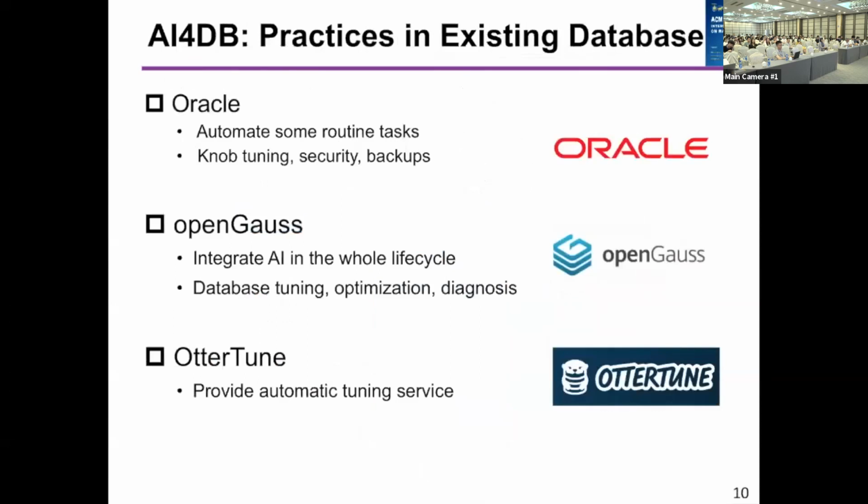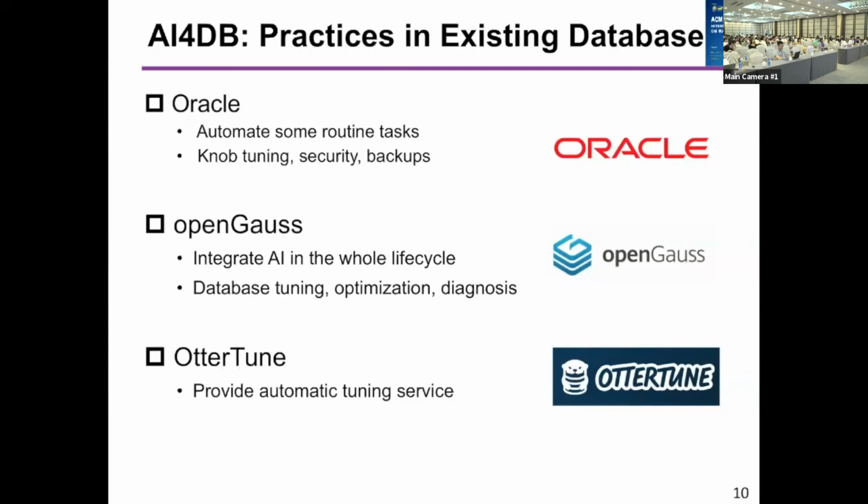And there are some database systems that also want to try to utilize machine learning techniques to enhance the database. For example, Oracle wants to tune the knobs and recommend the views. OpenGauss, a new database, also utilizes AI techniques to optimize the whole life cycle of the database system, including database tuning, index and view advisors, and they are also working on cardinality estimation and join order selection.